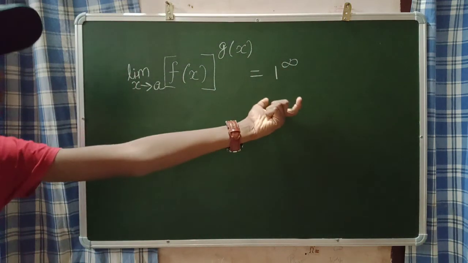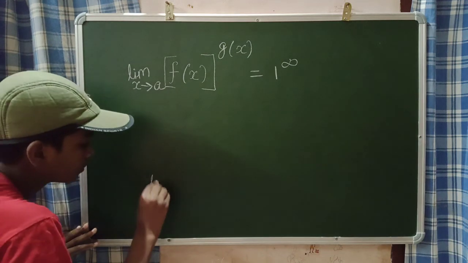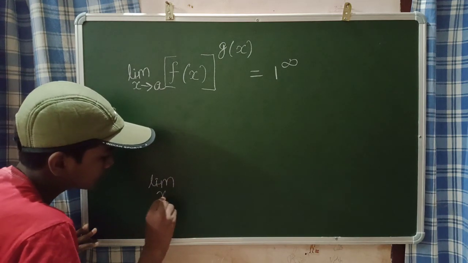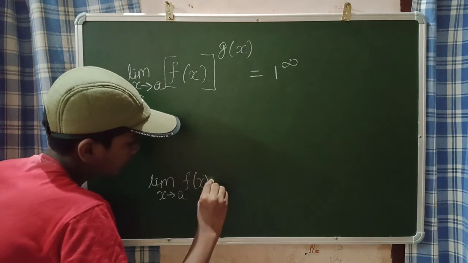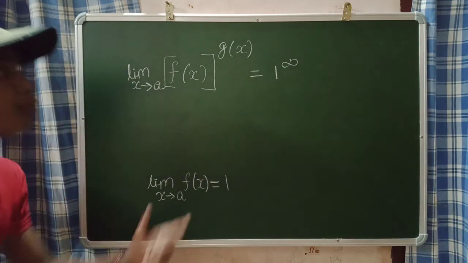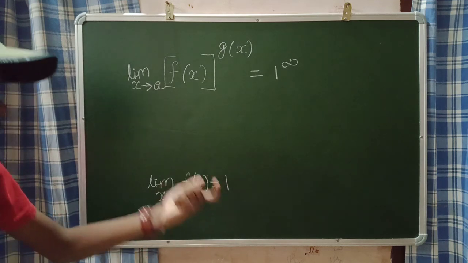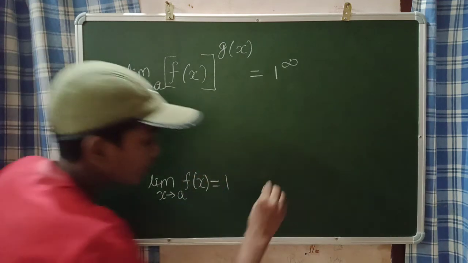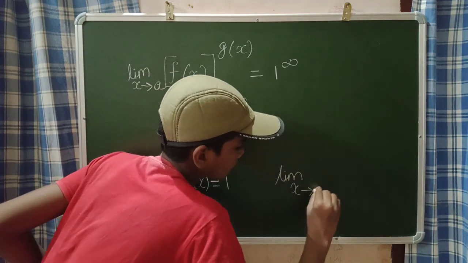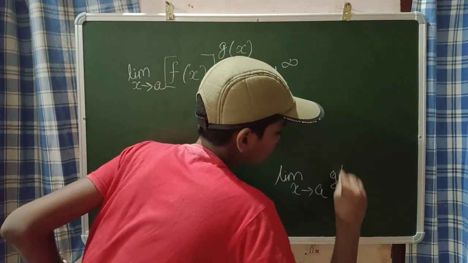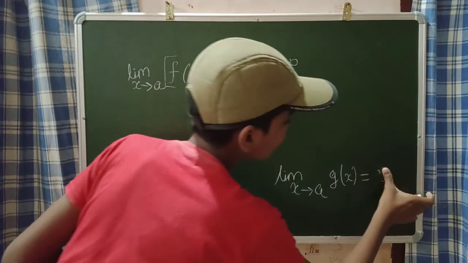Now, getting 1 to the power of infinity is only possible when the limit of x tends to a of f of x is equal to 1, then only your base will be 1. Correct? If the limit of x tends to a of f of x is 1, then only you will get the base as 1. And when the limit of x tends to a of g of x is equal to infinity, then only you will get the power as infinity.